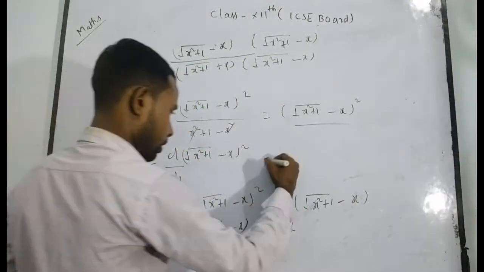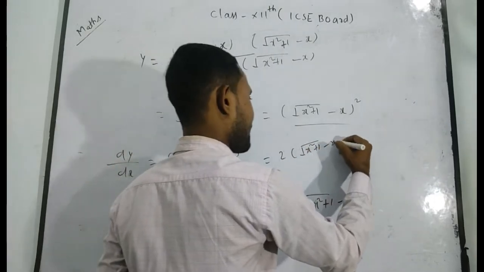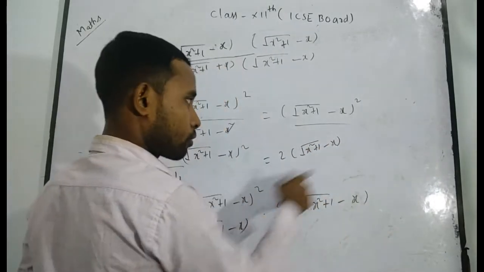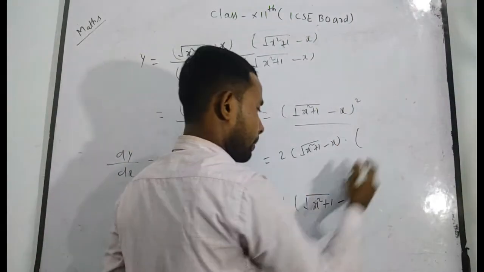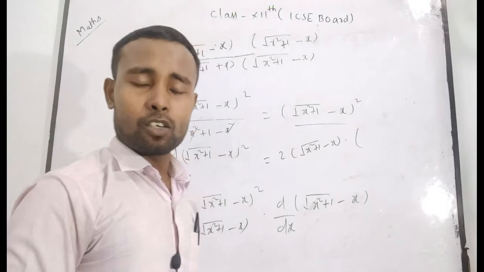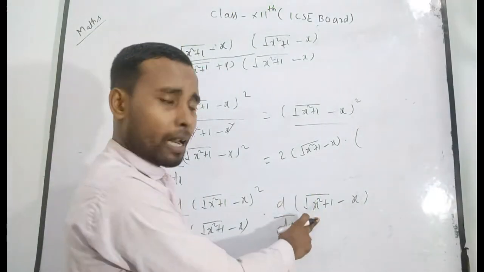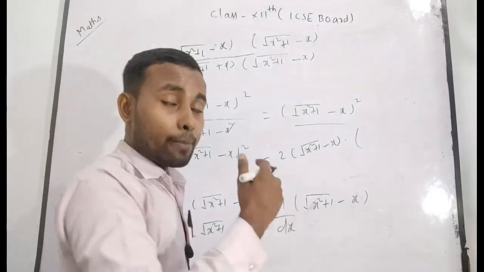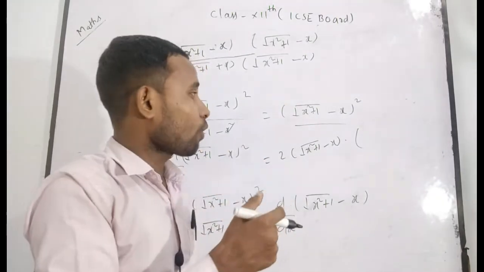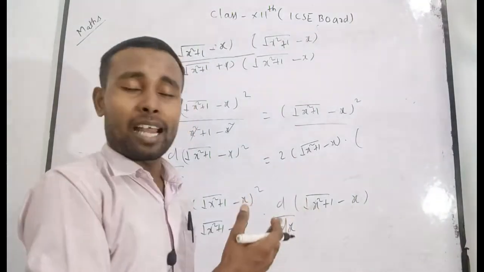Now it will be 2 into root under x square plus 1 minus x, because 2 minus 1 will be power 1, into the derivative of root under x square plus 1 with respect to x. It cannot be differentiated directly with respect to x. Sometimes you have to calculate orally, because if you write each step, it becomes very lengthy and complex.